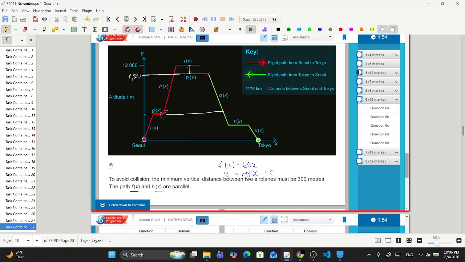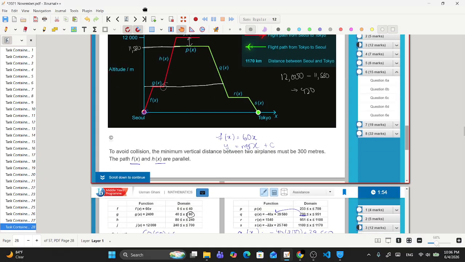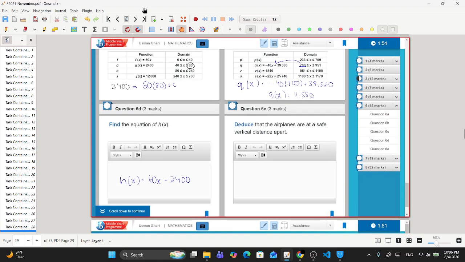If we were to find the difference between 12,000 minus 11,580, we would get an answer of 420. And 420 is more than 300. The minimum distance of 300 must be observed. 420 is more than 300, so we can automatically deduce that we have solved the question. Okay, I hope this part is clear to all of you. So we're done with question number 6 as well.